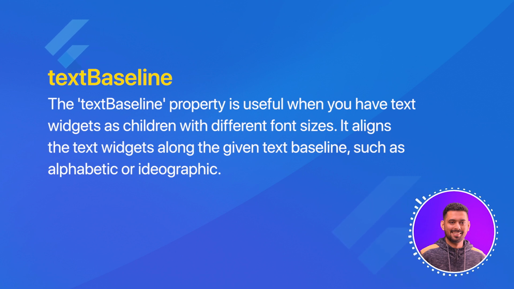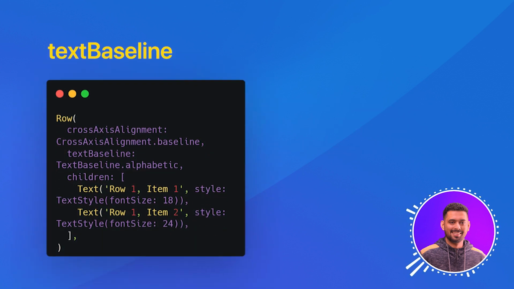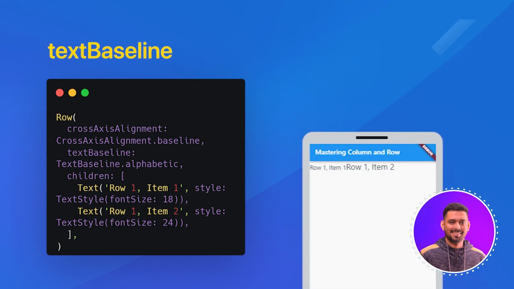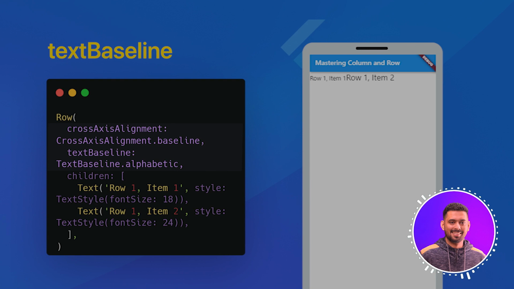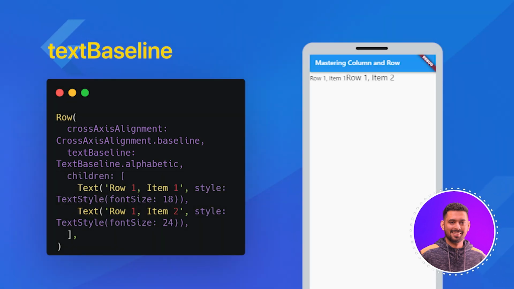It aligns the text widgets along the given text baseline, such as alphabetic or ideographic. In this example, we have set the cross axis alignment property of a row widget to CrossAxisAlignment.baseline and the text baseline property to TextBaseline.alphabetic. This aligns the text widgets along the alphabetic baseline.